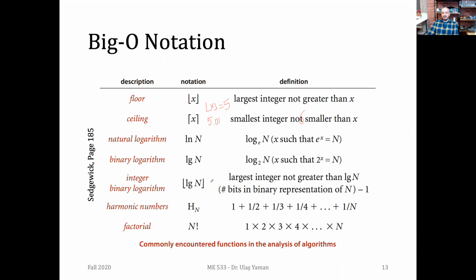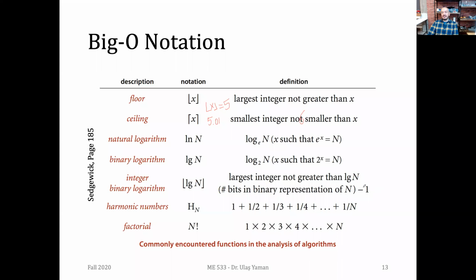So if you want to determine how many bits are required to represent the value n, then you should take this logarithm, which also has a floor function embedded. It will give you the number of bits to represent the number n minus 1.